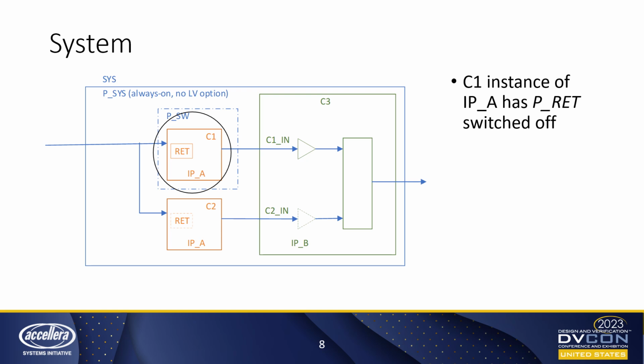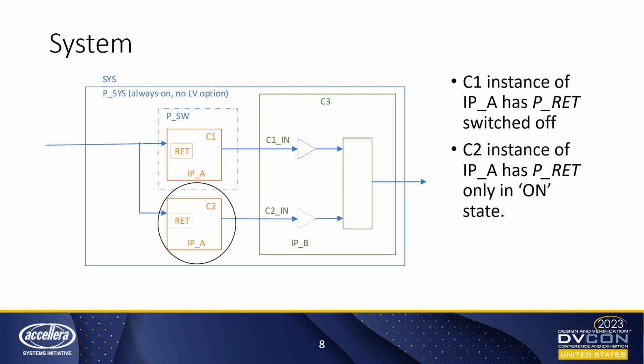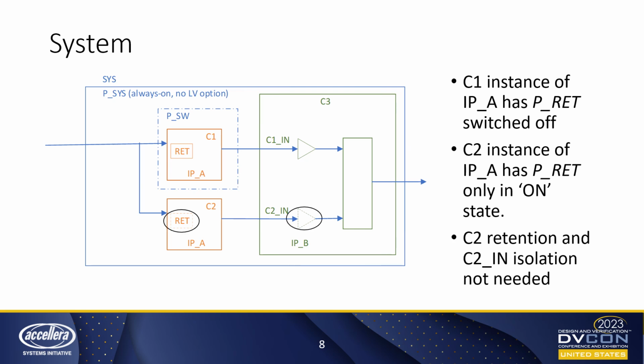A second instance of IP-A, C2, lives in the top-level always-on domain. IP-B instance C3 has inputs from both C1 and C2. Note that in this system configuration, the retention strategy of C2 and the isolation strategy in C3 for the inputs from C2 are both unneeded.